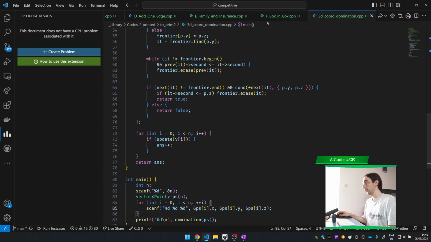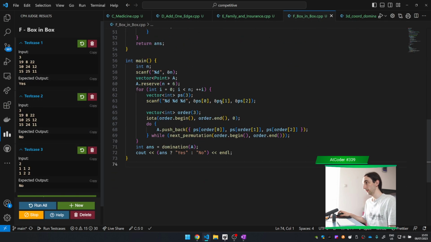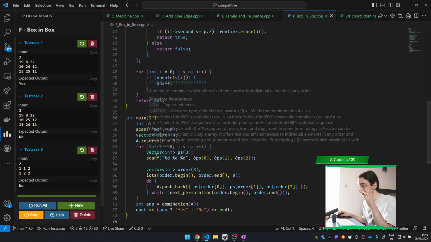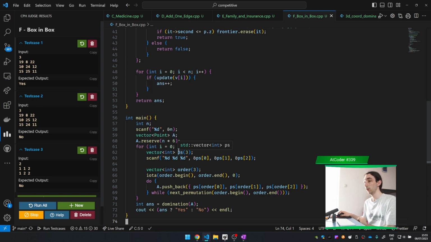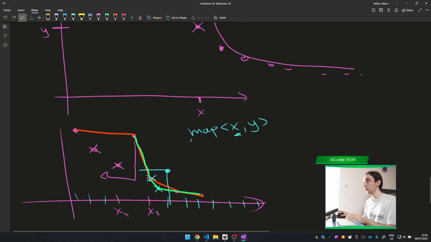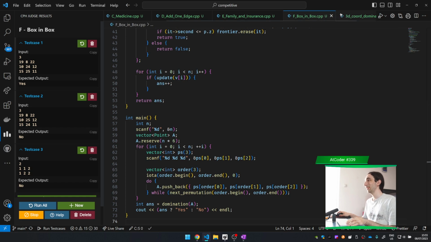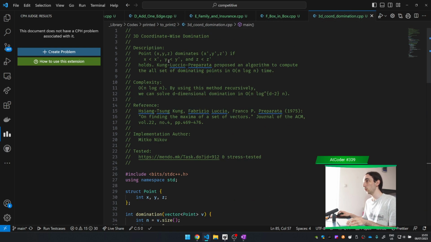So now in problem F, we just needed to go over all of the permutations of this, because all of them can be shuffled, and as soon as they're shuffled, this doesn't change anything, because there are strict inequalities. If they are equal, it just doesn't count.